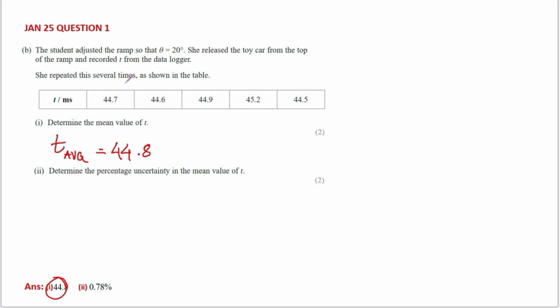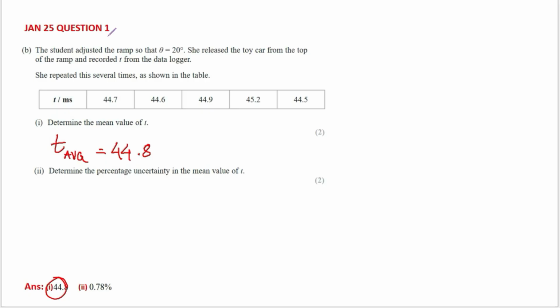Now, the second part of B says determine the percentage uncertainty in the mean value of t. There are two ways of calculating the percentage uncertainty. One is using the instrument's resolution. The other one is from the data set.